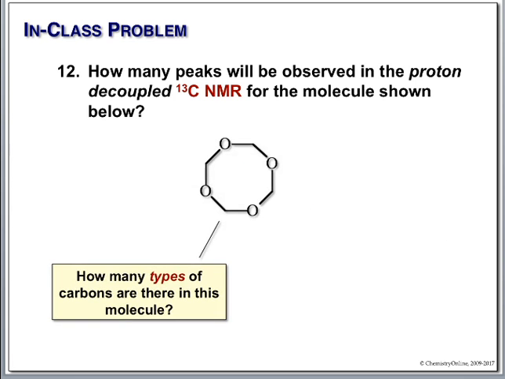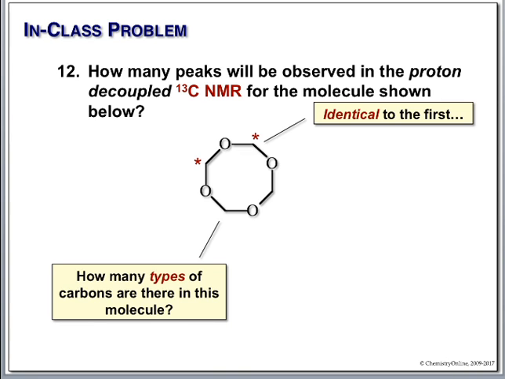All right, a couple more. Here we have a cyclic ether. Every carbon is adjacent to 2 oxygens. We're back to C13, but let's just start with 1. This carbon is adjacent to 2 oxygens. This guy would also be adjacent to 2 oxygens, and so would this one and this one. All of these are the same.